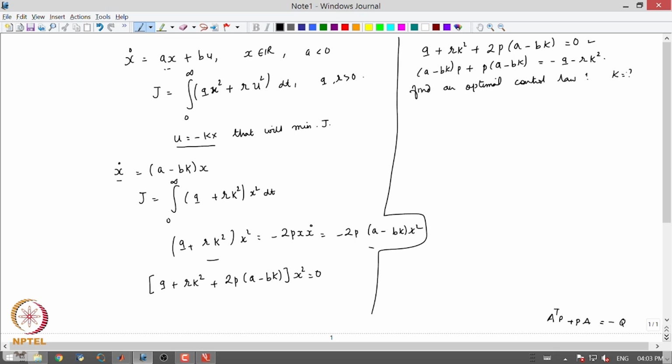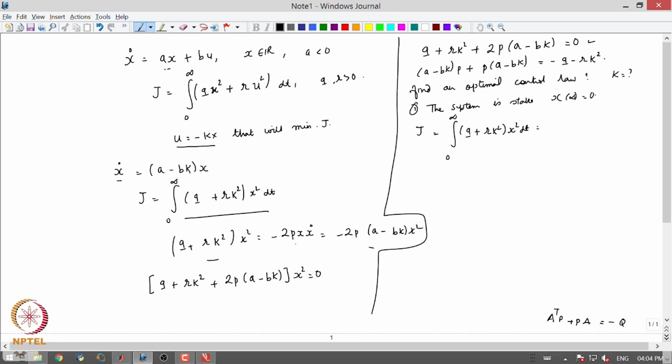Okay. So first thing is, when the system is stable, then x at infinity will be 0. Okay. So now J, which is integral 0 to infinity q plus r k square x square dt, I am just taking it from here.